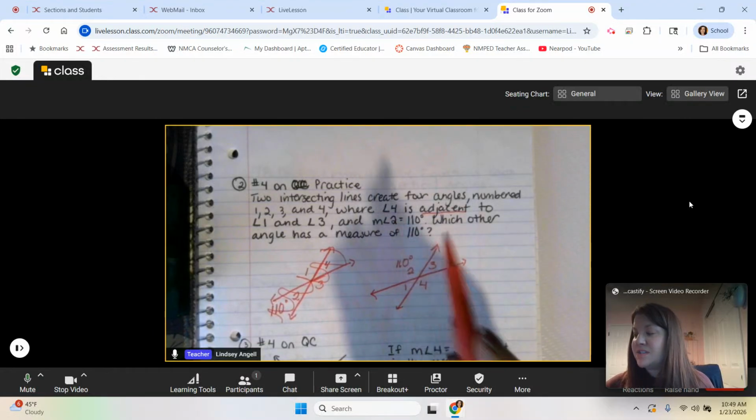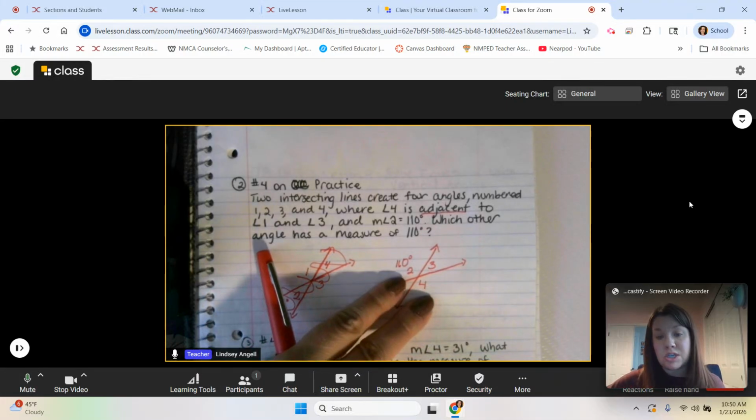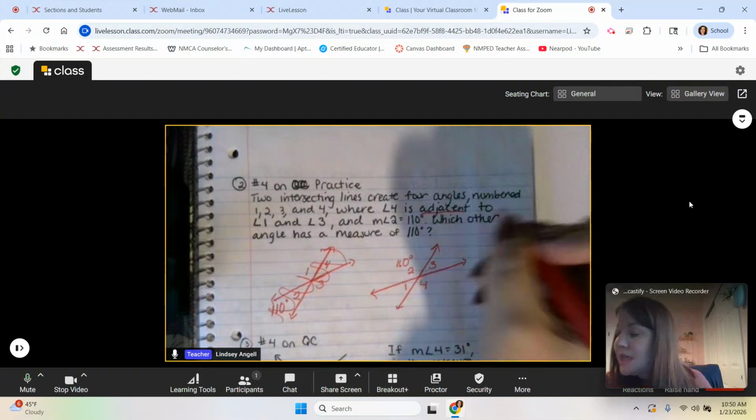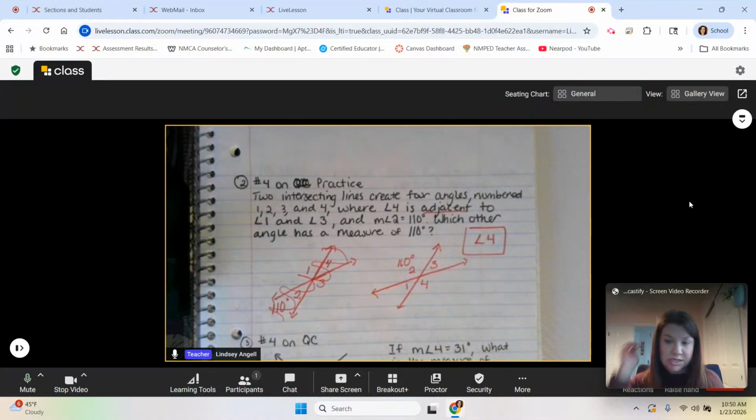If angle 2 is 110 degrees, now we need to figure out which other angle is 110 degrees. We know that vertical angles are equal to each other. Since angle 2 and angle 4 are vertical, angle 4 is also 110 degrees.